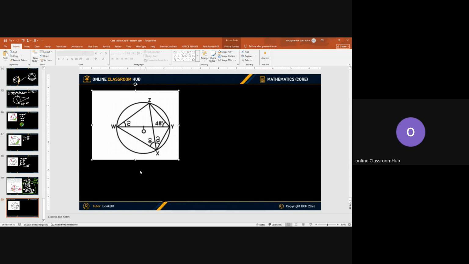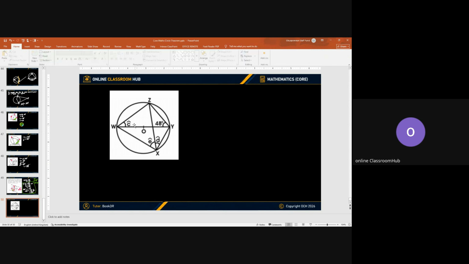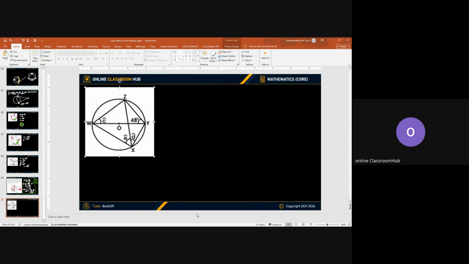Only one angle is provided, and O is the center of the circle. So this one, angle E is equal to 48. Okay, that one is straightforward. Good. So let's do D and then C.